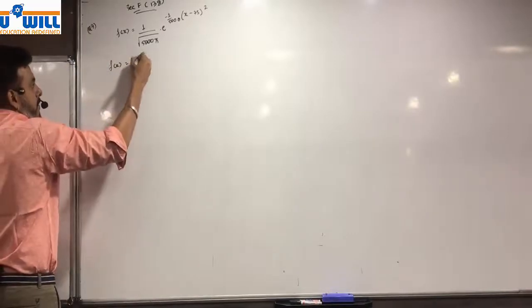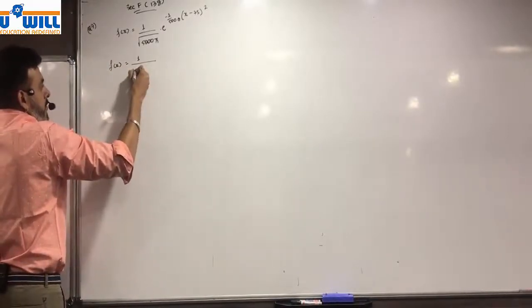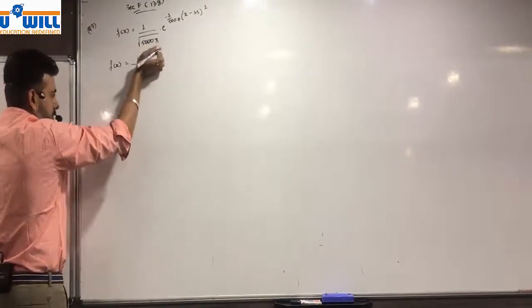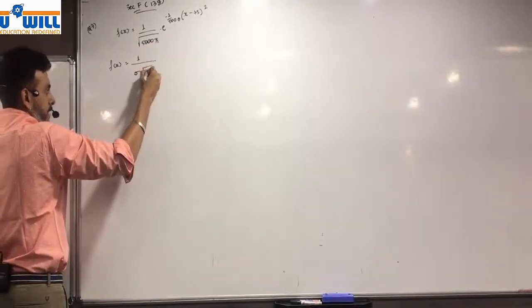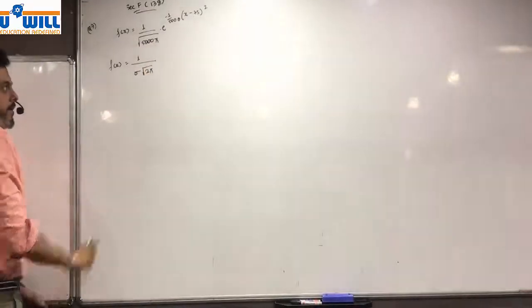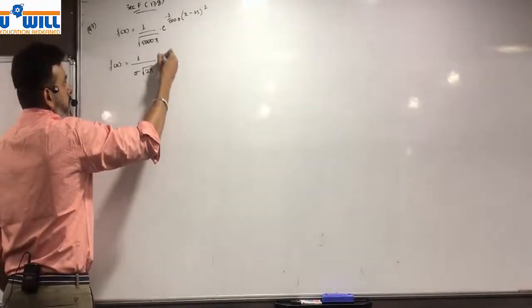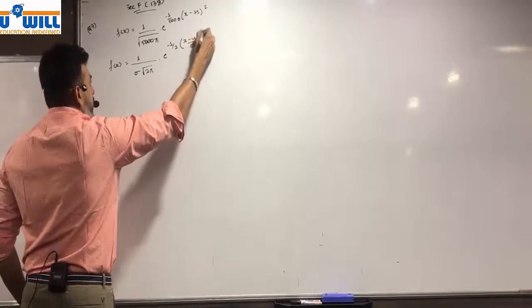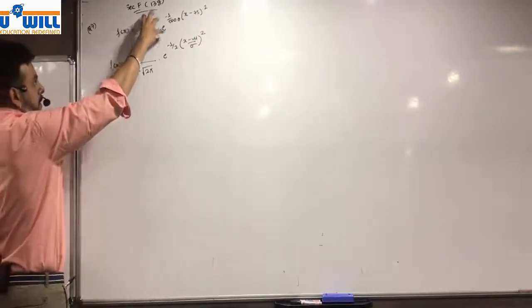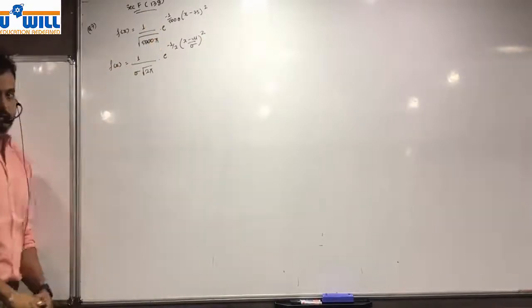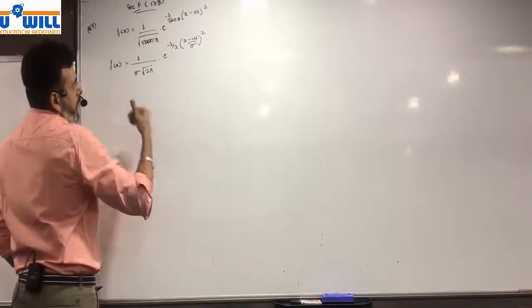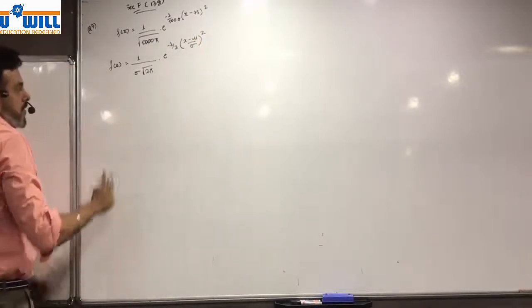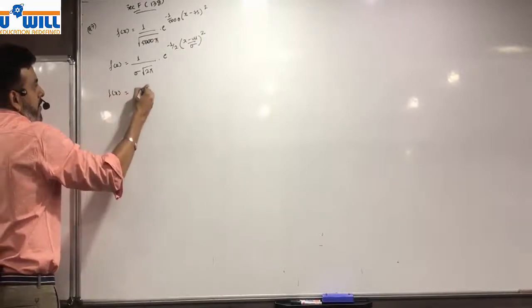The standard form is F of x equal to 1 upon sigma under root 2 pi into e raised to minus 1 by 2 x minus mu upon sigma the whole square. So now we have to convert this into this form of equation and then we can compare. At least one thing we know, that mu is 75, but we have to find sigma also. How will we solve it? F of x is equal to 1 upon.